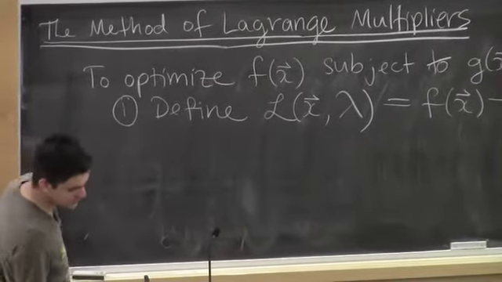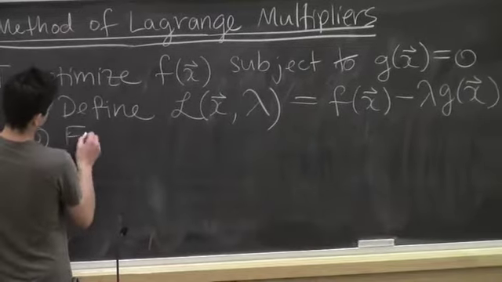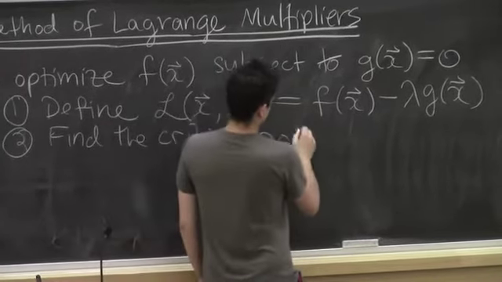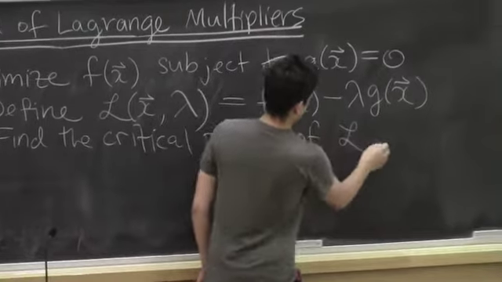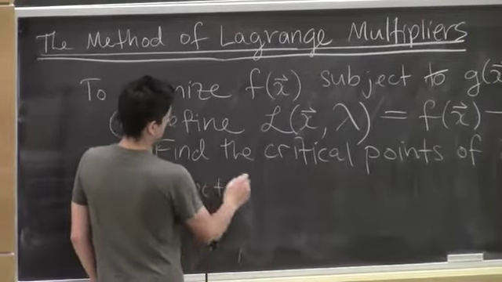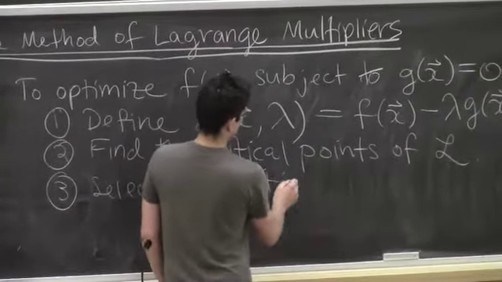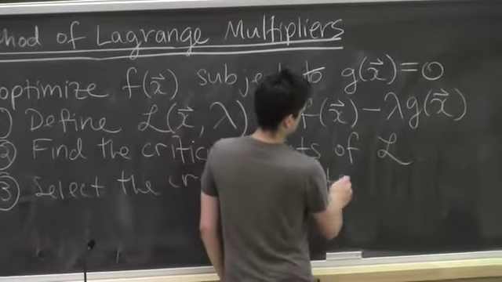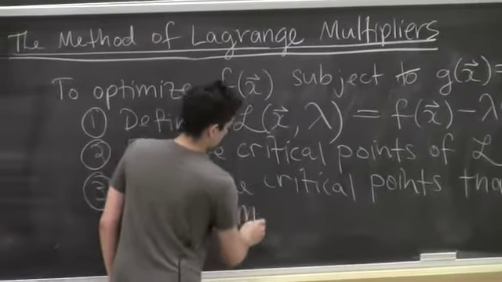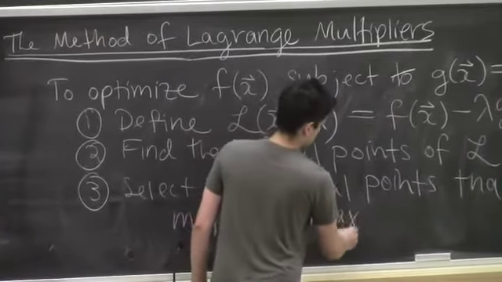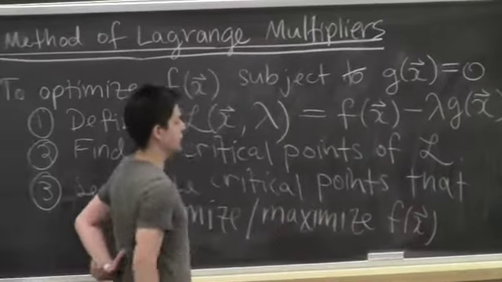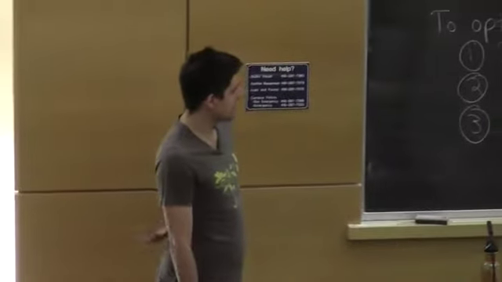Okay, so you define this function. Find the critical points of L. And then you select those critical points that minimize or maximize f.